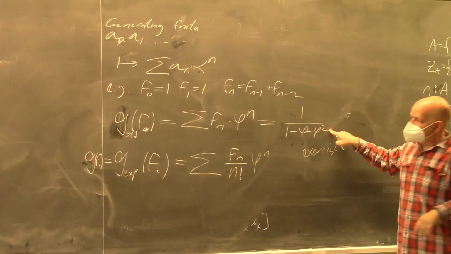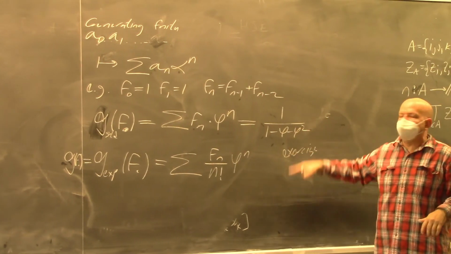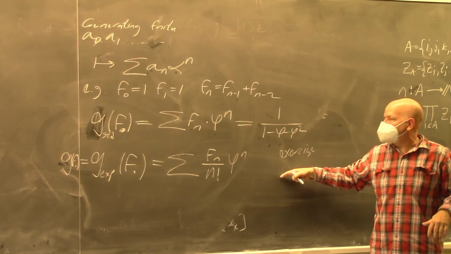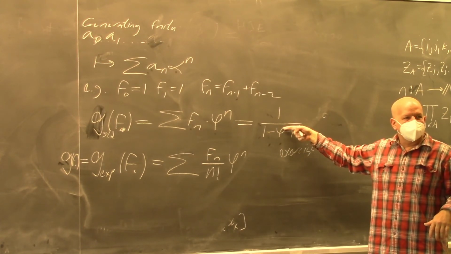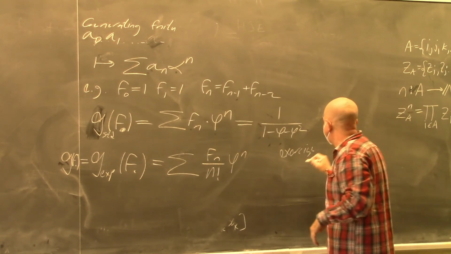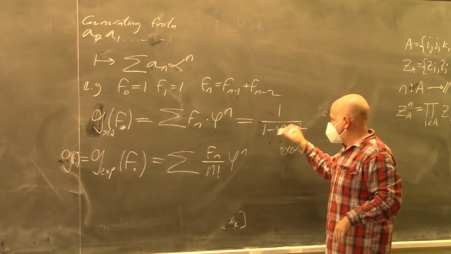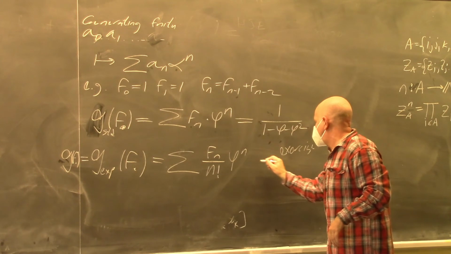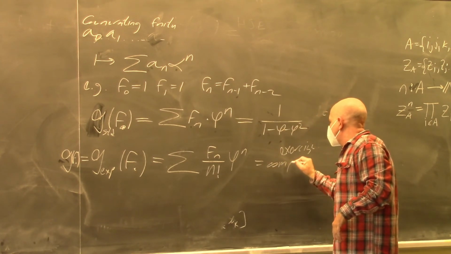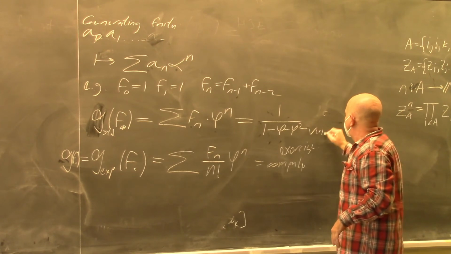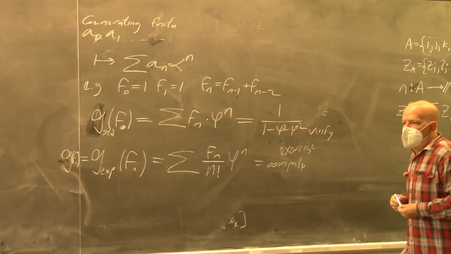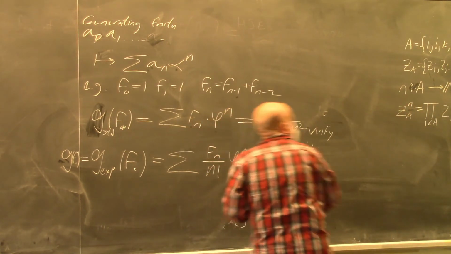What is the exponential generating function of the Fibonacci numbers, and why is this one true? Okay, so exercise: compute this and verify that.